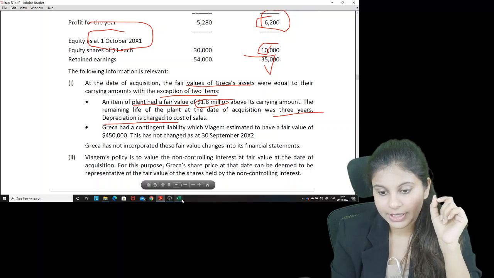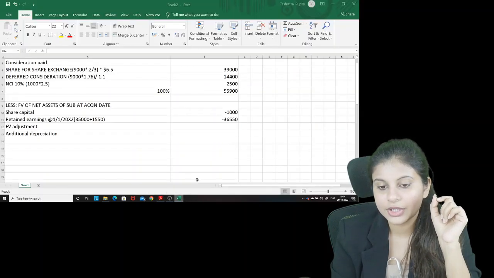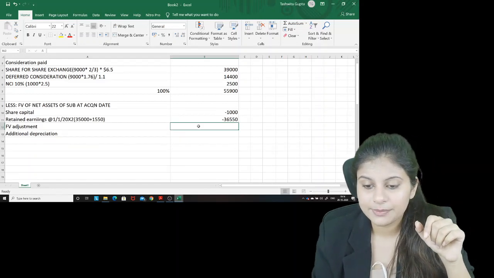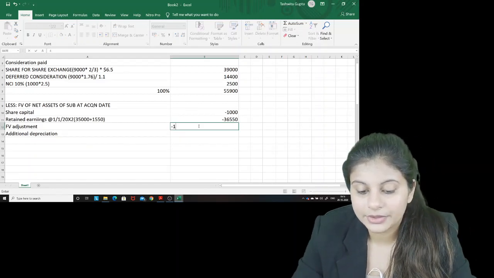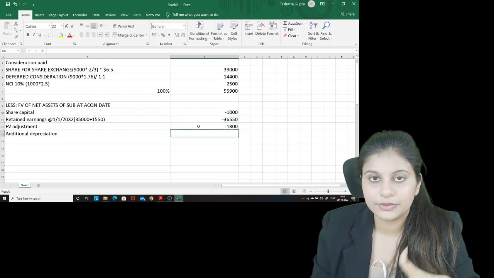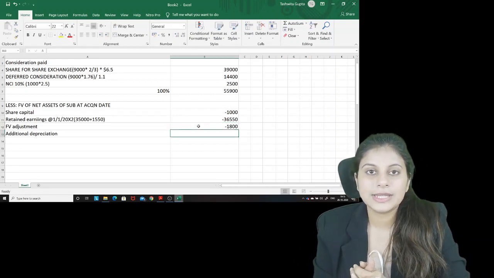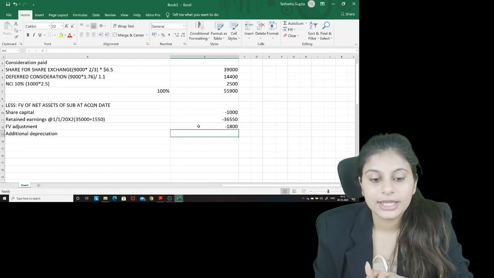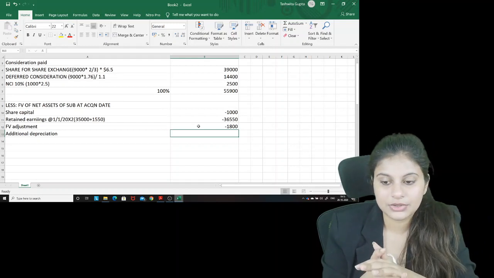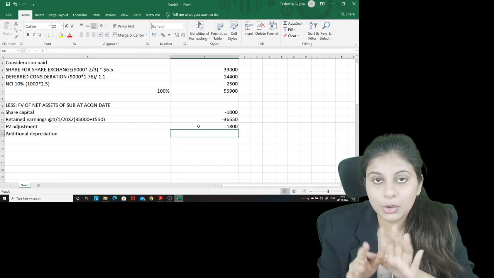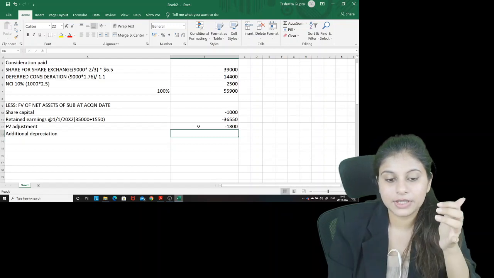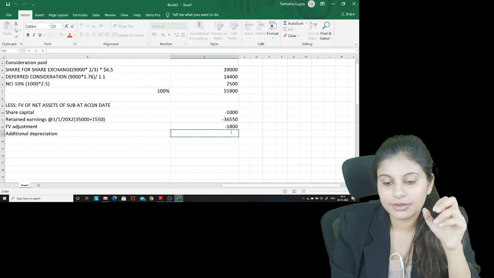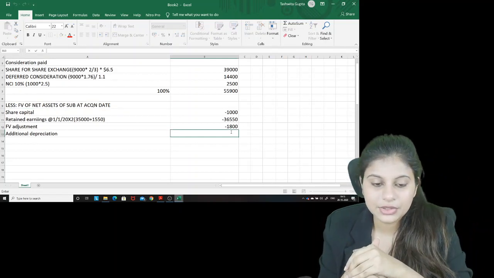Cool. 1.8 million is my fair value adjustment. So 1.8 million can be called as 1800. So we'll deduct extra 1800 because from goodwill calculation we always say that net assets are being deducted, so that's the reason I'm deducting it. Then I'll add up the additional depreciation here. I hope you're understanding why I'm adding it, because here it is less, right? So what is the additional depreciation?